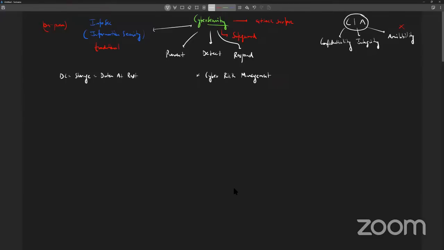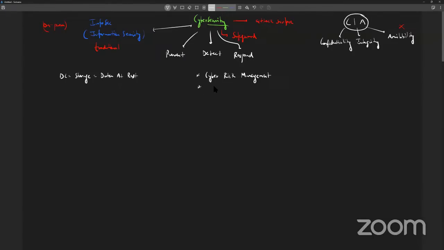Big organizations have specific teams and individuals who evaluate how much risk there is for the organization in doing whatever they're trying to do. Maybe they're trying to implement some data on the cloud, buy a new cloud service, or move their data center to the cloud. What sort of risk does that involve for the organization and how does that need to be managed? So, cyber risk management.